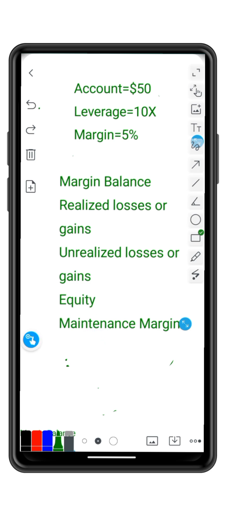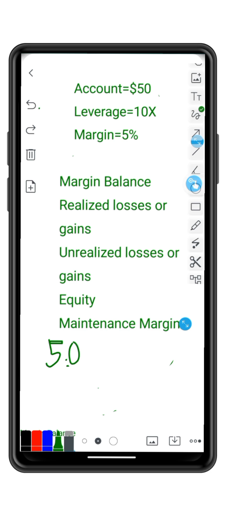So what about equity? Equity is simply the current value of your account. What do I mean by that? So you have an account balance of $50. Let's say you are making losses, and you are losing $10. So $50 is your account balance, and you are losing $10 for example.